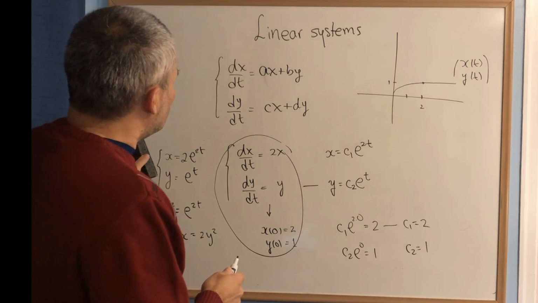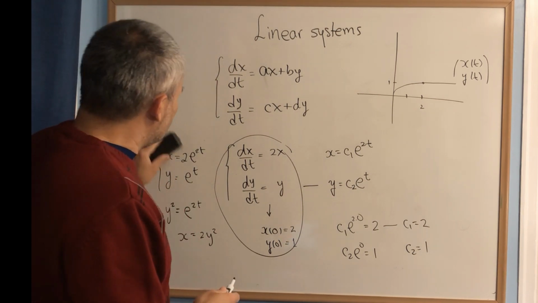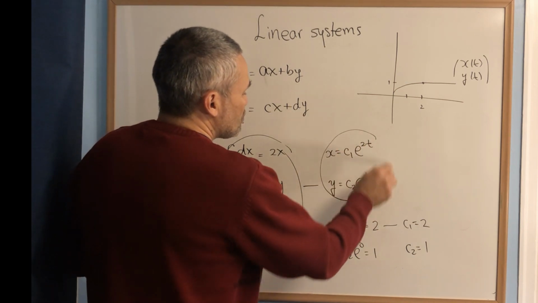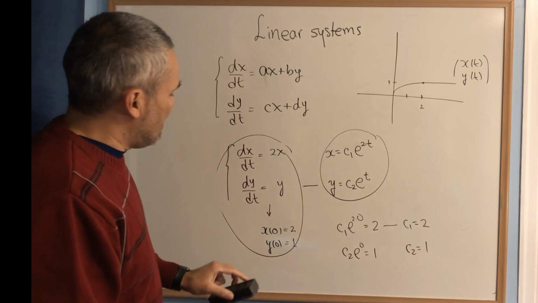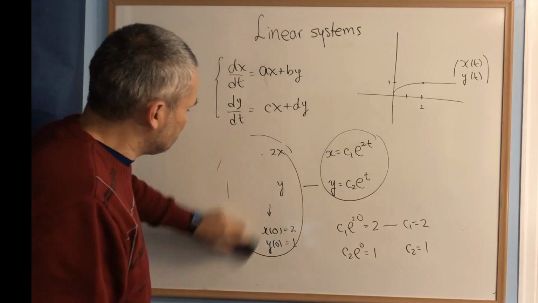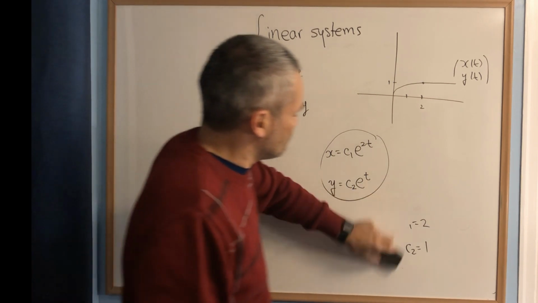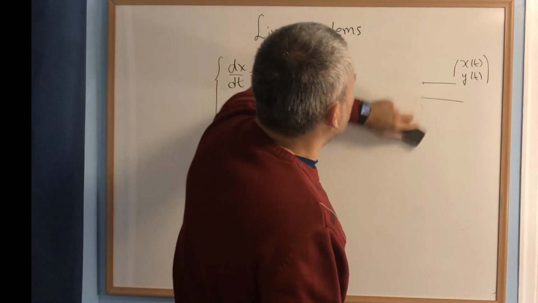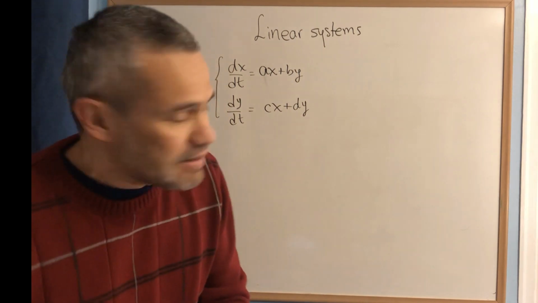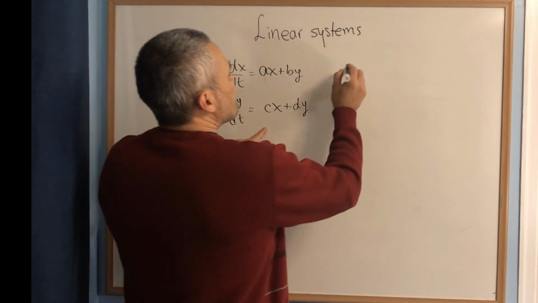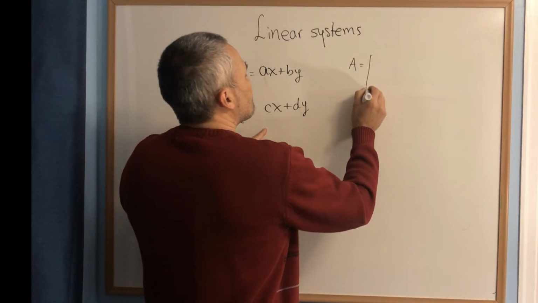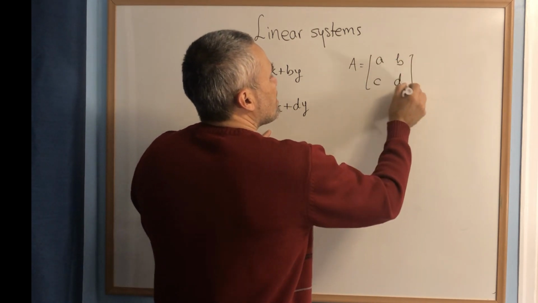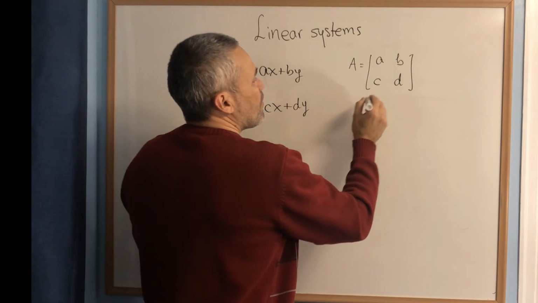But let's see what is going to happen in general. Then we're going to explain how to find the general solution when we have a, b, c, d, or the particular solution. The procedure to find the general solution is like this. We compute the matrix of the system, which is the matrix A, B, C, D, and then we compute the characteristic equation.